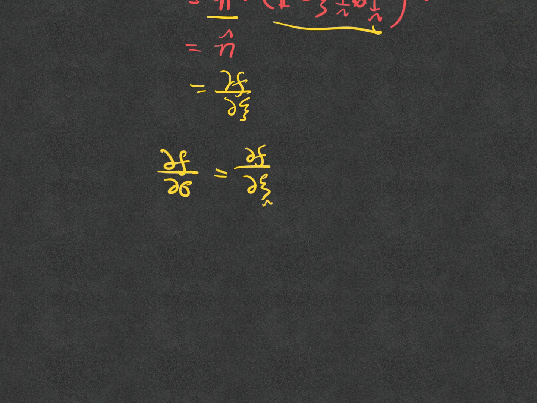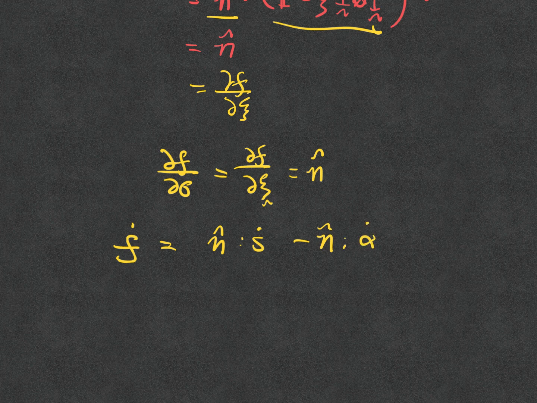Now finally, if we use the notation of this as n, then the consistency requirement would simply require n double dot s dot minus n double dot alpha dot equal to 0, and that would simply lead to the deviatoric stress times lambda dot minus n double dot gamma dot equal to 0.